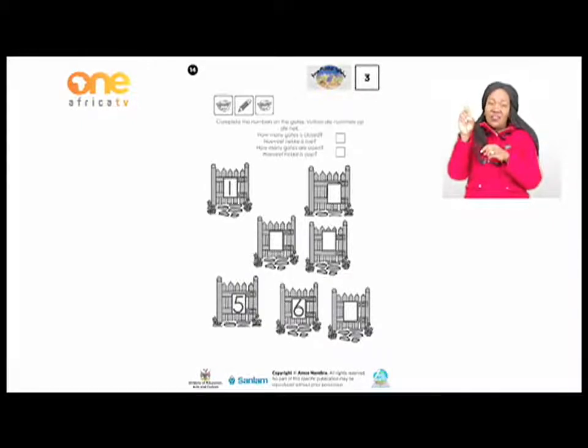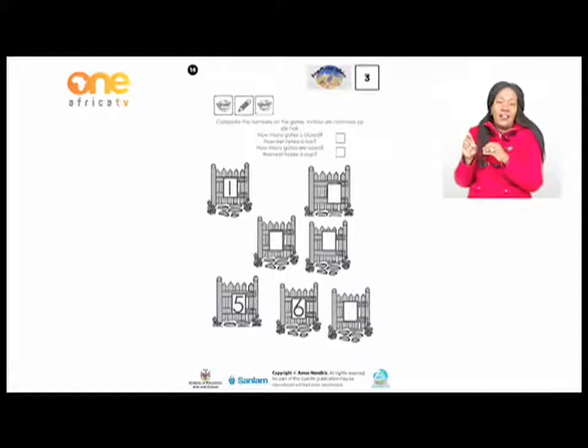When you are done, what number comes after the second number? It's right in the second row on the left-hand side in your booklet. Write the missing number. After the third gate, what number do you have to write?